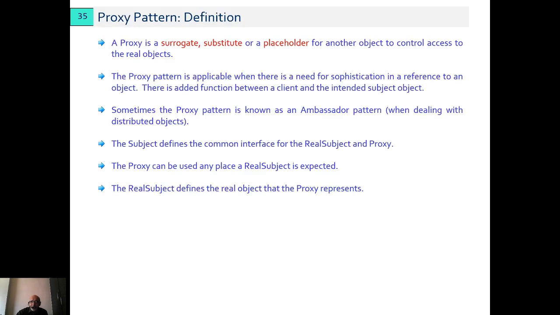So let us go around with the proxy pattern. Proxy acts as a surrogate, or a substitute, or a placeholder for another object to control access to the real object. So a space is being created. It is also known as the ambassador pattern, which deals with distributed objects. You create the spaces, you divide things in such a way that the proxies can be used any place a real subject is expected. Likewise, let us say you are logging into the system, so your placeholder should be created.